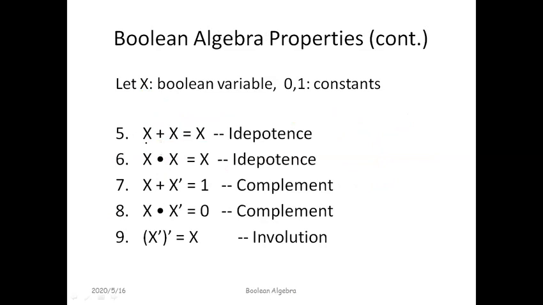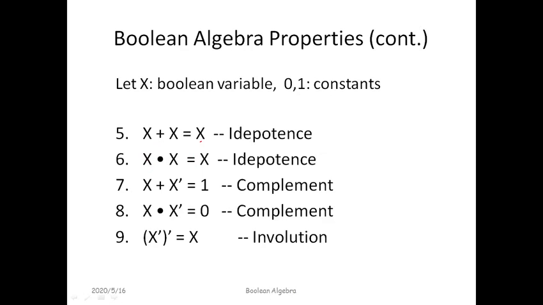So for the fifth one, we have the input x and x. So x and x, the same input, the answer should be x. If the inputs are 0, 0, then the answer will be 0. If the inputs are 1, 1, then the output will be 1. Then we come now to the AND.